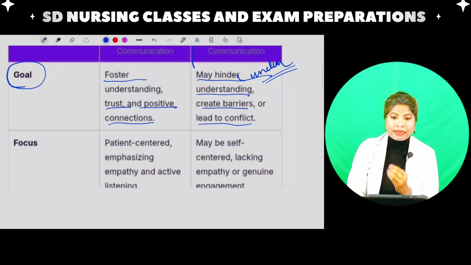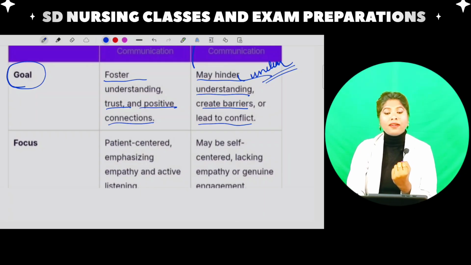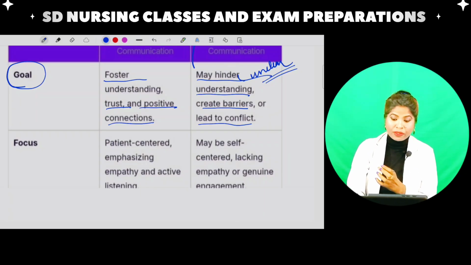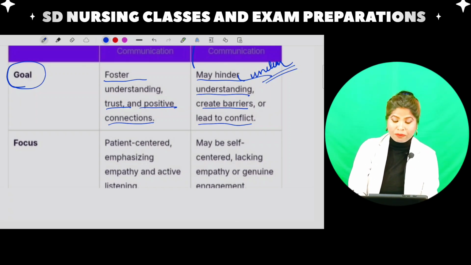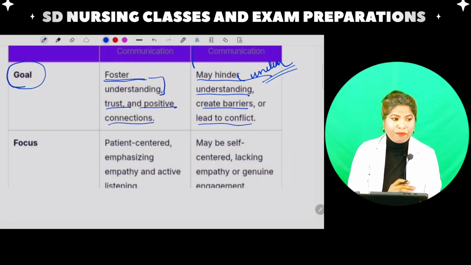Hinder understanding means things are not properly understood between the patient and the nurse. That happens in non-therapeutic communication. But in therapeutic communication, everything is easily understood by each other because of the nurse's gesture, posture, and behavior towards the client. The client also cooperates with the nurse and easily understands the topic.